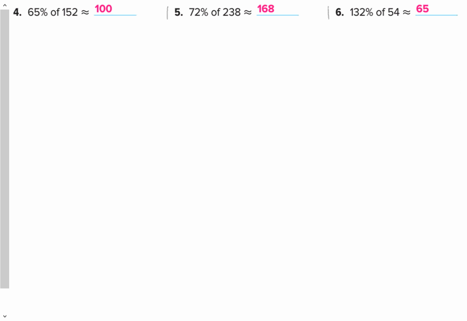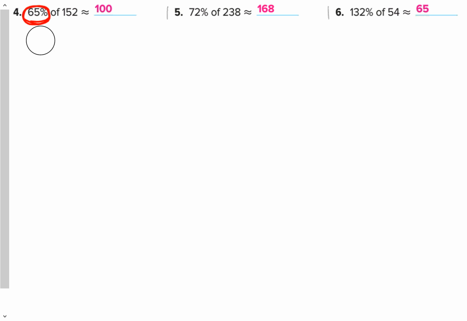Okay? All right. Here's our next 3. Number 4, I rounded 65%. A lot of you would think that this was a pretty nice number, but I actually rounded it to about 67%-ish, which actually is a benchmark.